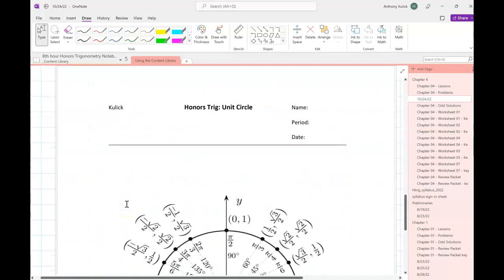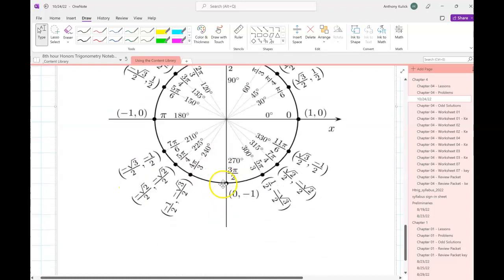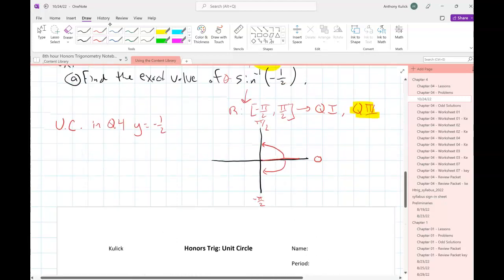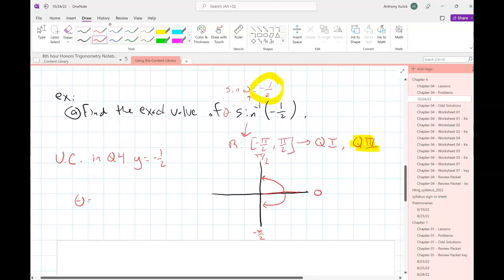Everybody's good? So my answer then should be 11 pi over 6, right? Is that right?